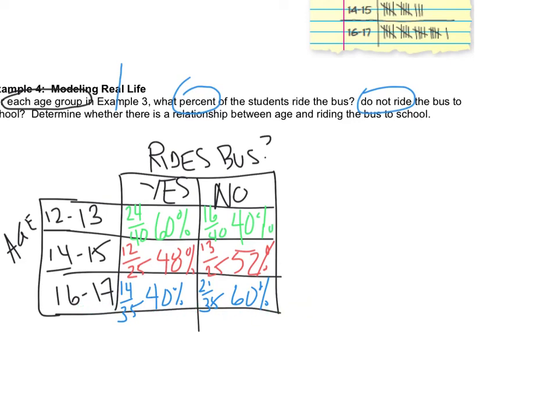Okay? And then determine whether there's a relationship between their age and riding the bus. So looking at my information now, I want to kind of get a read for what is this all telling me. Well, the highest percent of kids riding the bus is the younger ones. The highest percent of the kids not riding the bus are the older ones. So that kind of says there's a relationship right there to me.